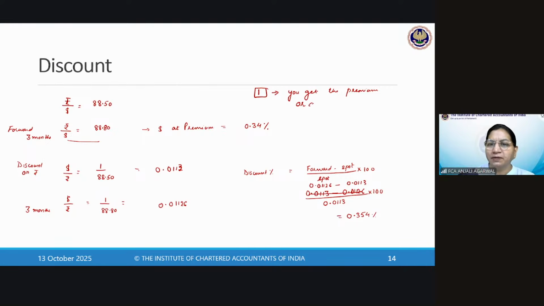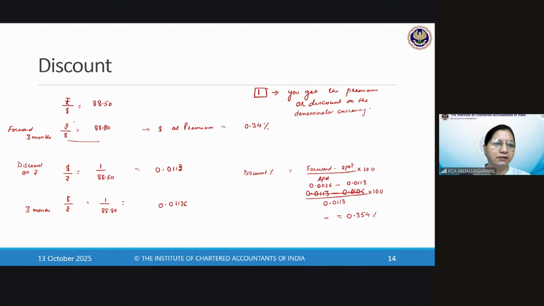You get the premium or discount, and because our answer is negative, we can see it is a discount. So the first important point is you get the premium or discount on the denominator currency, or rather the base currency, not the reference currency.